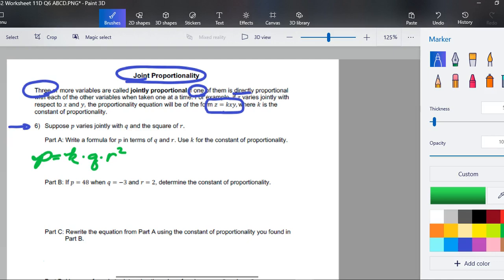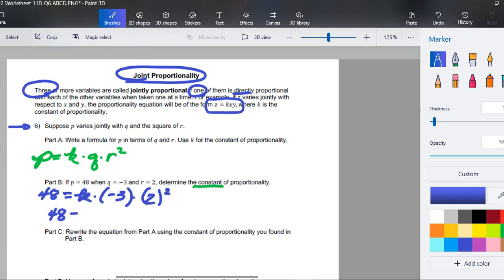Part B says we're going to have some given items, and then we can determine the constant of proportionality. So P has a value of 48 when Q is -3 and R is 2. Determine the constant of proportionality.